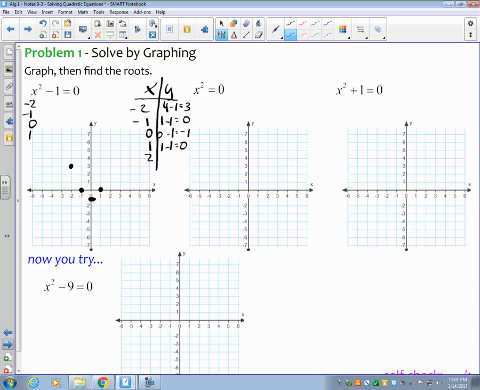That's another x-intercept. Then I'm going to put in 2. 2 squared is 4, and 4 minus 1 is 3. So my graph is going to look like this. My answers are going to be at x equals -1 and x equals 1.